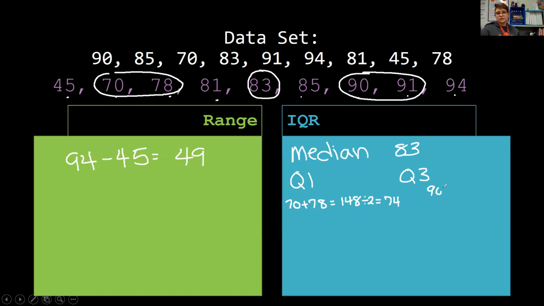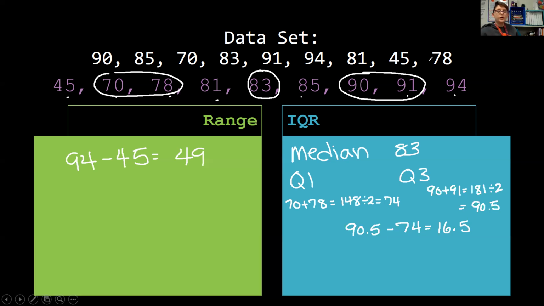So 90 plus 91 equals 181 divided by 2 gives me a Q3 of 90.5. So finally, I need to subtract. So 90.5 minus 74 gives me an IQR of 16.5.